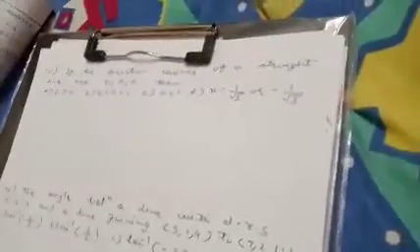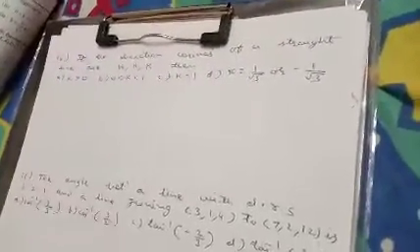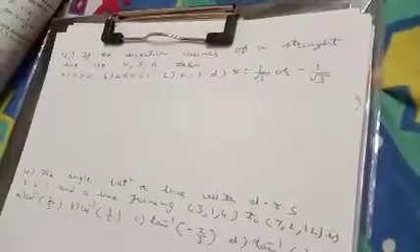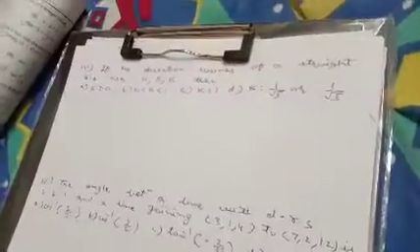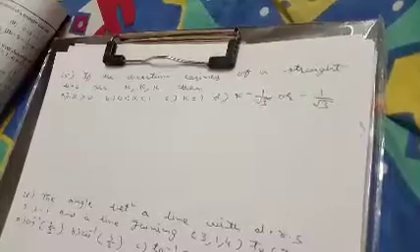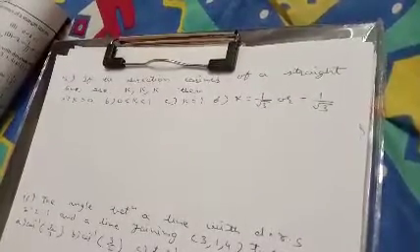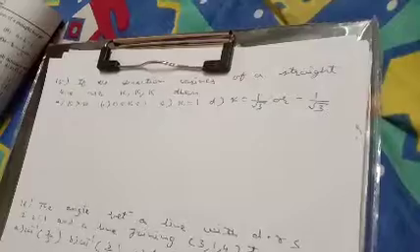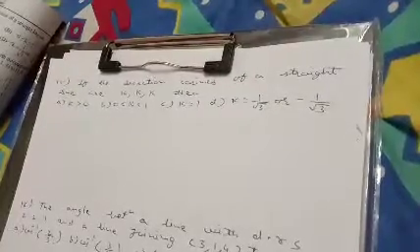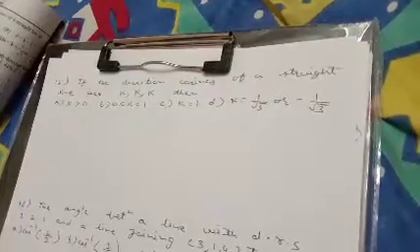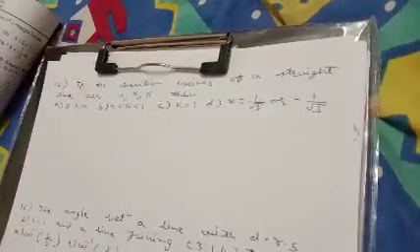Next example. Direction cosines of a line are given, and in the direction cosines an unknown k is there. We have to find its value. To find the value of one unknown, we require one equation. For forming the equation, we know the relation between direction cosines: the sum of squares of direction cosines is equal to 1.